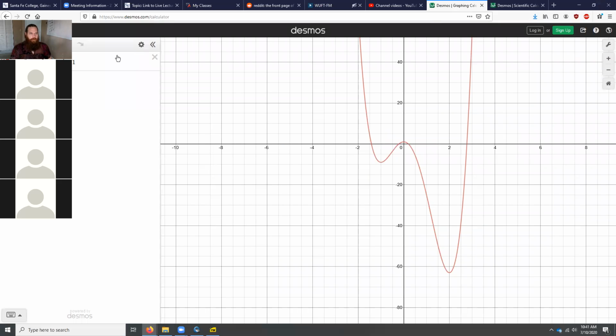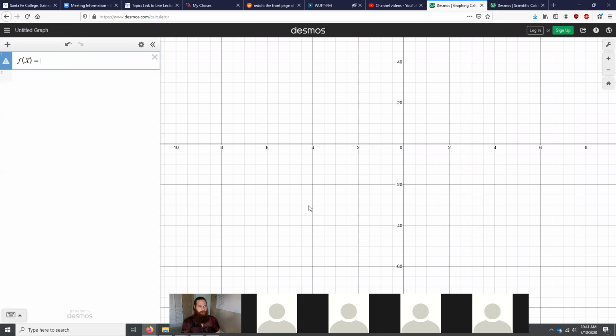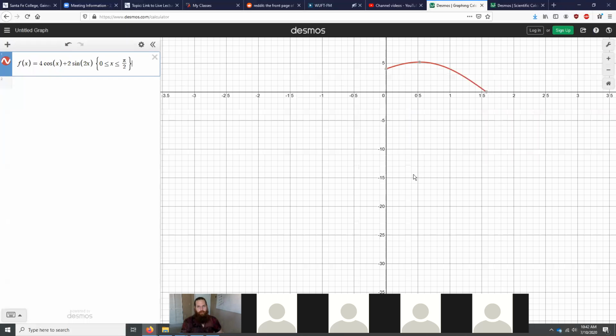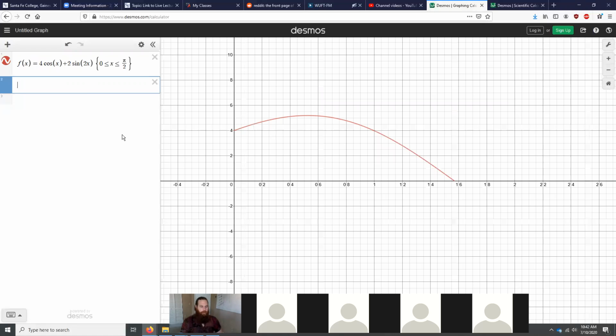Let's take a quick look at this graph. So this was 4 cos x plus 2 sine 2x. And I was restricting my attention to 0 less than or equal to x less than or equal to pi over 2. So that's this tiny little piece here. And we're seeing what we think we're going to see.